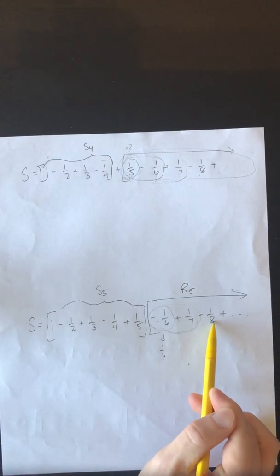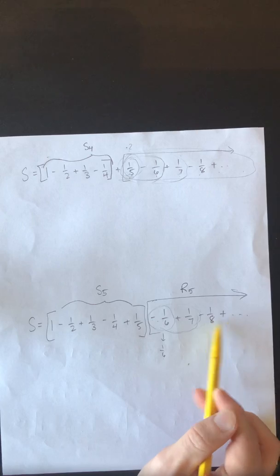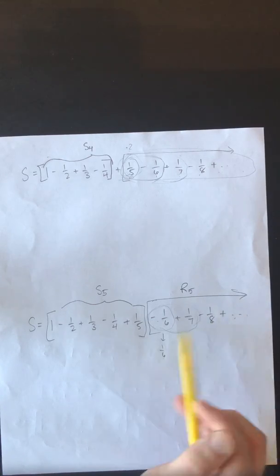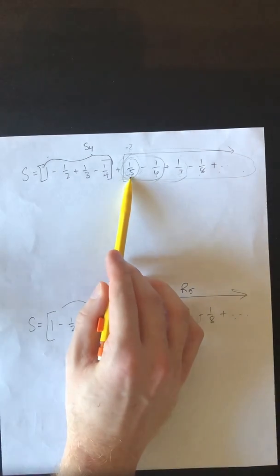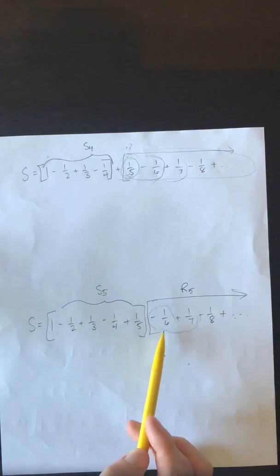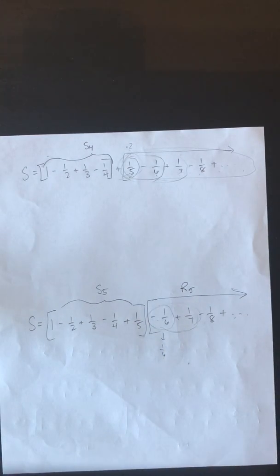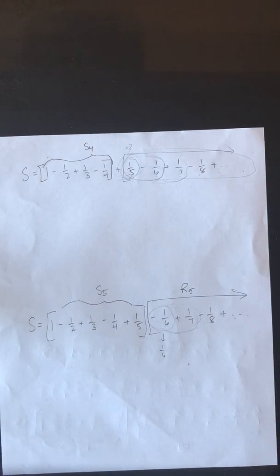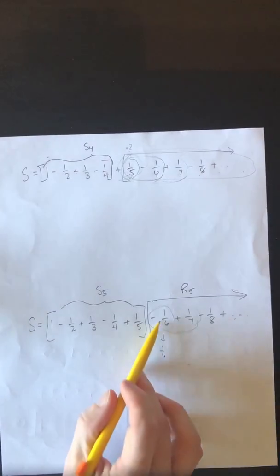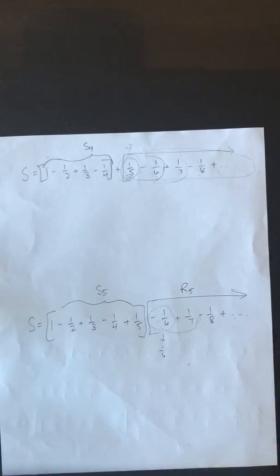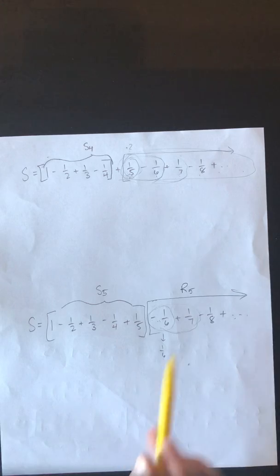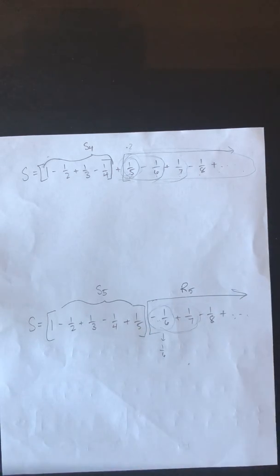You would gain a little bit more of the negative stuff back, and then lose some with the positive, and so on and so forth. So it doesn't matter if the first term in your tail is positive or negative. The idea will hold, and it'll be the same either way. The first term of your tail, its size is bigger than all of the terms in the tail combined.